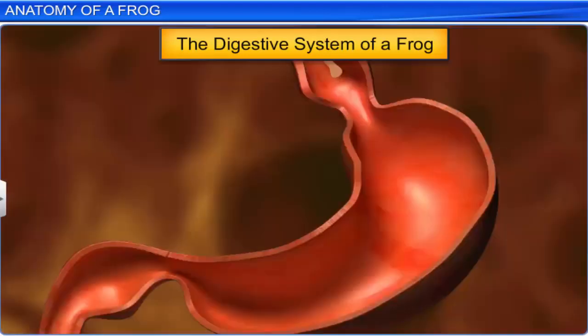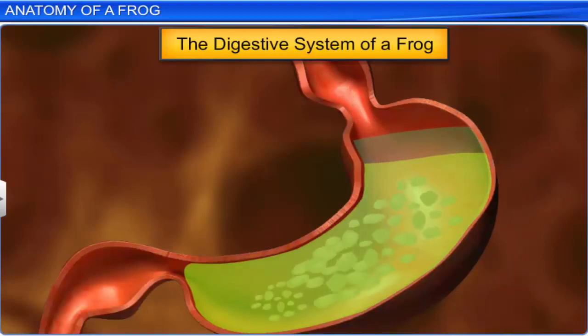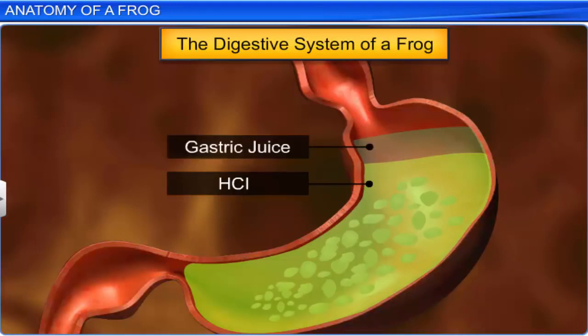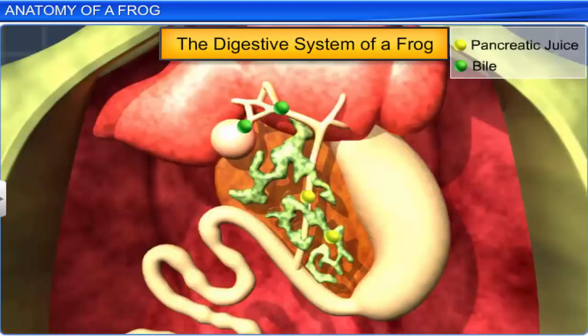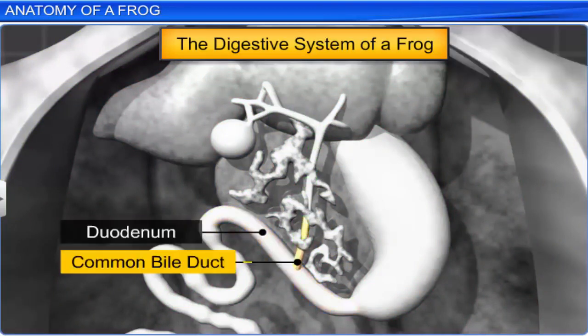As the food passes through the stomach, it is partially digested by hydrogen chloride or HCl and gastric juices secreted by the walls of the stomach. This partially digested food, called chyme, then passes into the duodenum, which receives pancreatic juices and bile through a common bile duct.